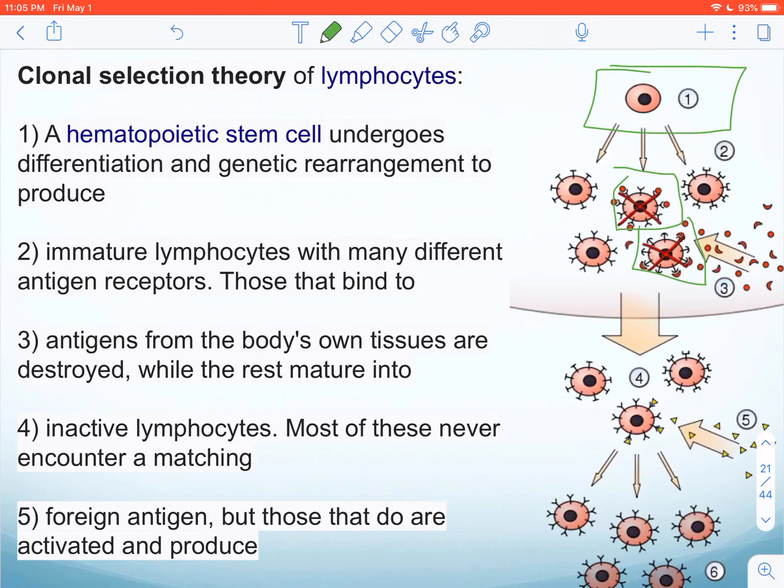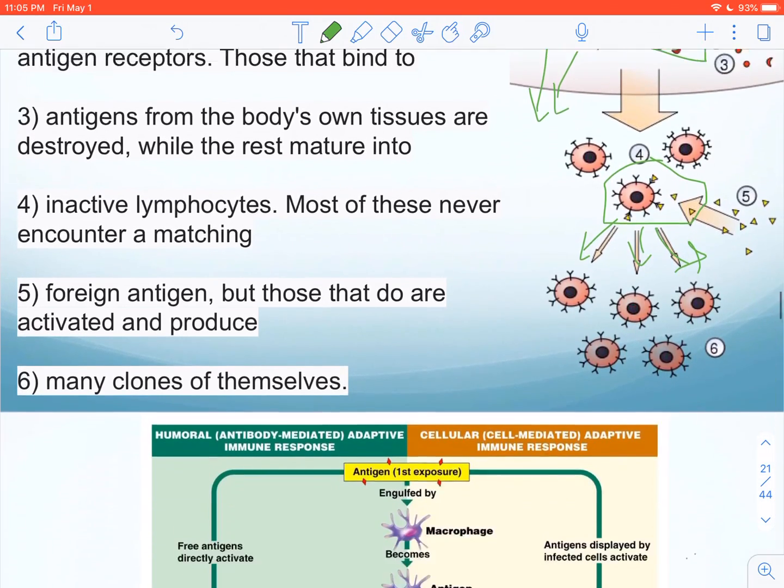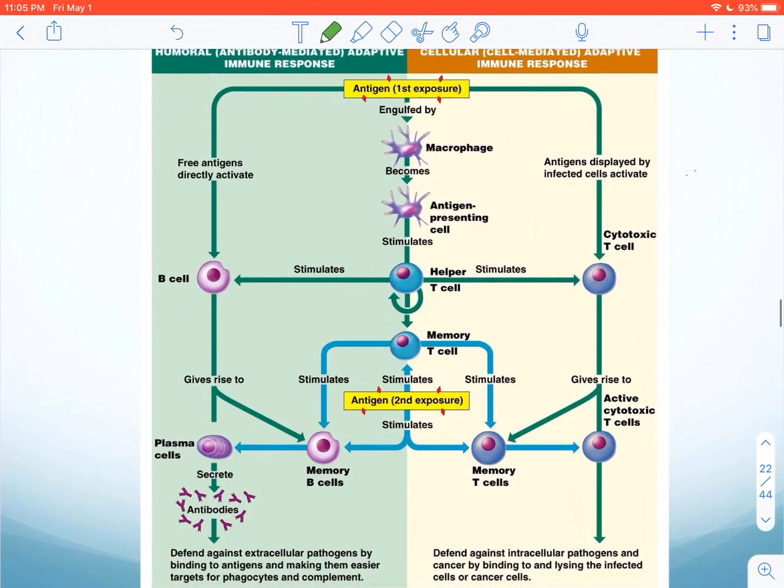If that's the case, they get destroyed, and all the rest go out into the bloodstream and float around, not doing a whole lot, and there's not a lot of them. But one of them happens to be perfect for a particular antigen, and once they start to bind, you start getting replication of that particular cell. I'll go into a little bit more depth on that.